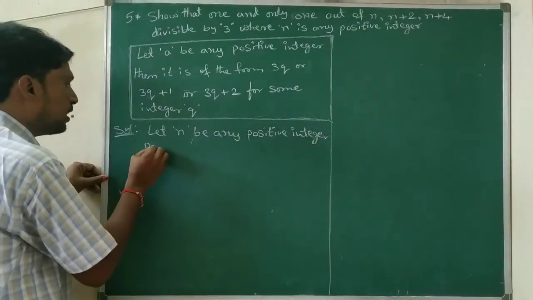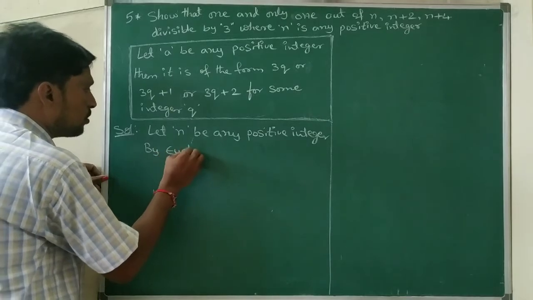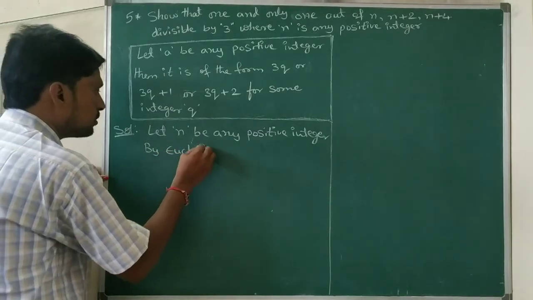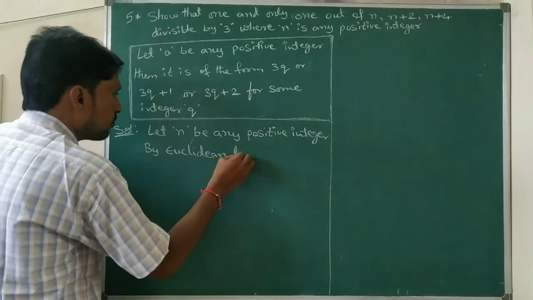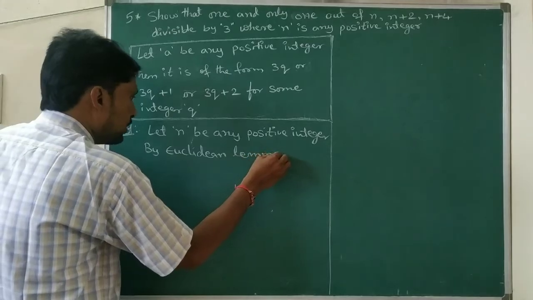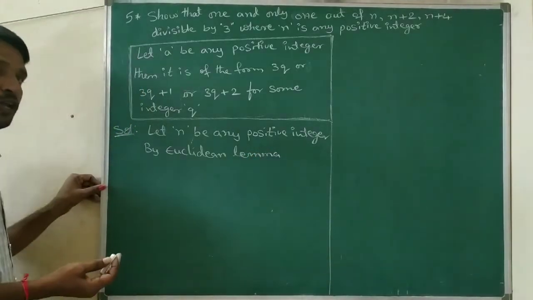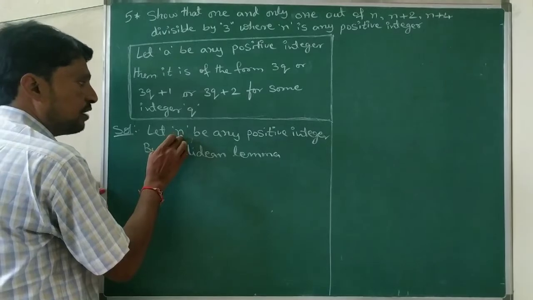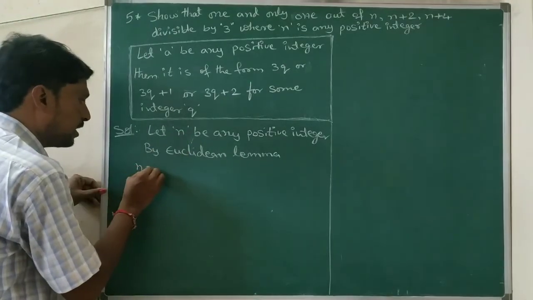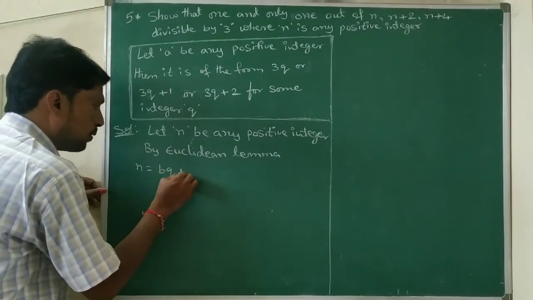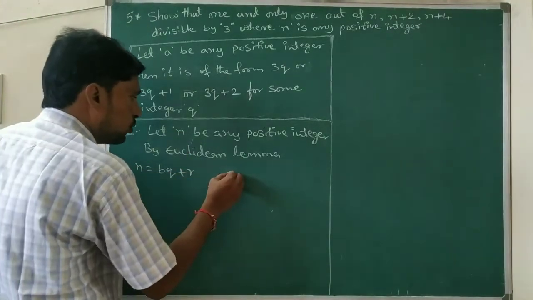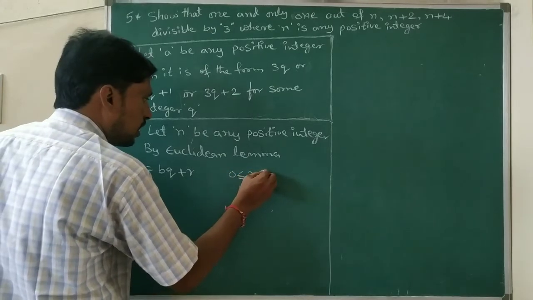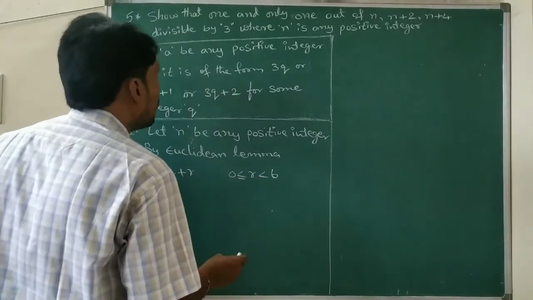By Euclidean lemma, what is Euclidean lemma? a equal to bq plus r. So here, instead of a we took n, means n equal to bq plus r, where 0 less than or equal to r less than b.